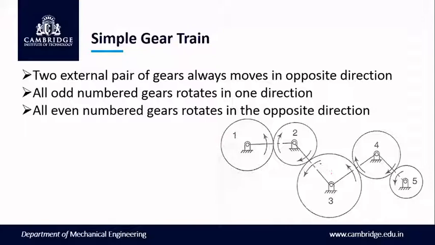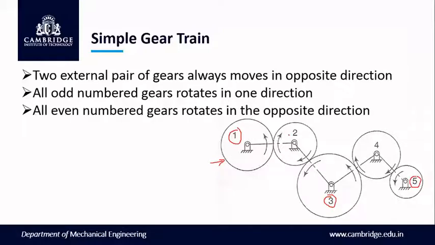Two externally meshed gears always move in opposite directions, which we already learned in the previous slide. If you observe this gear train, observe the odd numbered gears 1, 3 and 5. If you consider gear number 1 as the driver gear, the driver gear is rotating counterclockwise.